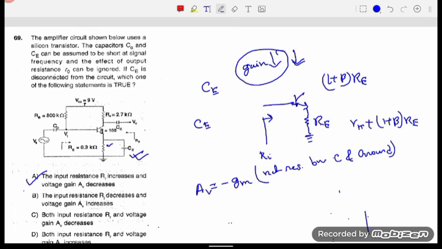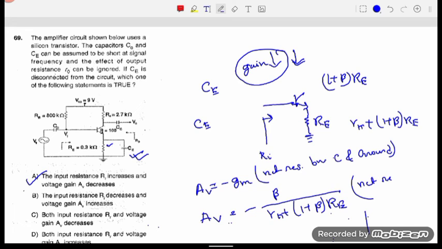But when Re is there and the emitter capacitor is not there, in that case AV will be minus beta by (R pi plus (1 plus beta) Re) times the same net resistance between collector and ground. You can see that the gain is getting decreased, so option E is correct.